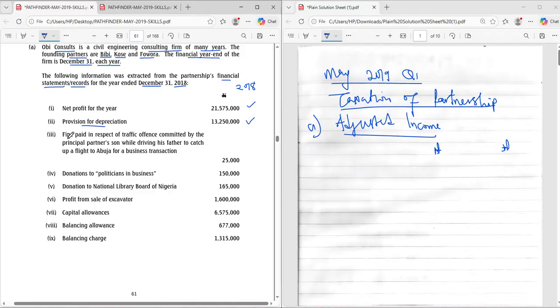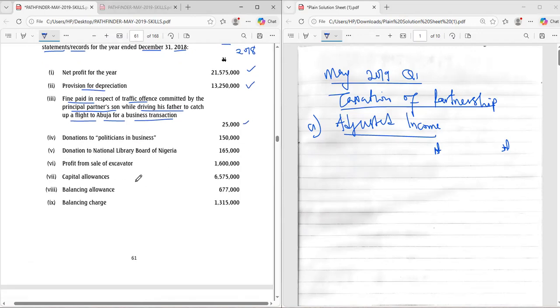Then the next one, they say fine paid in respect of traffic offense committed by the principal partner's son while driving his father to catch up with flights to Abuja for a business transaction, 25,000. We don't need it. It has been deducted from the net profit, so we add it back. It's disallowed. You understand? So you have to add it back.